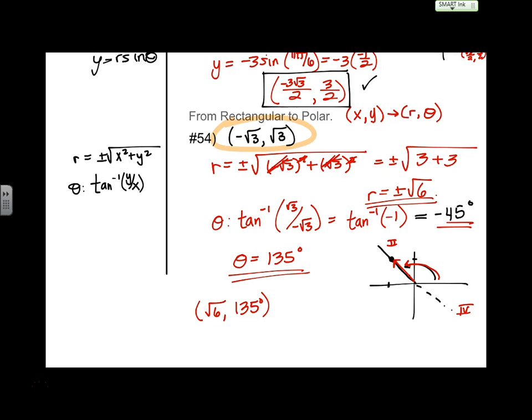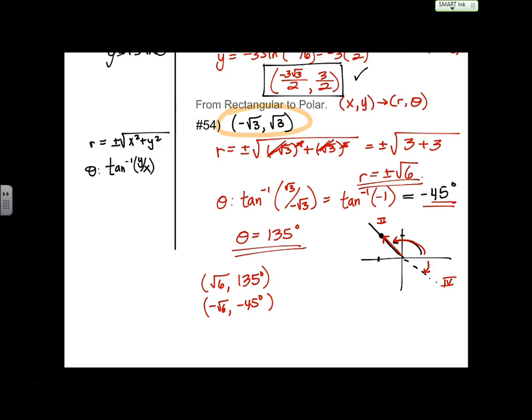But you could also, if you wanted, go negative 45 and go backwards root 6. That would be the exact same point. You could also go 315, which would be going this way, backwards root 6.